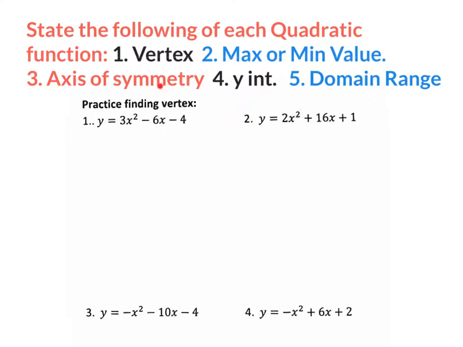Number 3, find the axis of symmetry. Number 4, state your y-intercept. Number 5, state the domain and range. And I want you to state all of this without looking at the parabola, without looking at the graph, just using algebra. Okay, so first of all, let's jot this down as the instructions of what we're going to be doing. And then I'll actually provide you these 4 questions right here, okay?